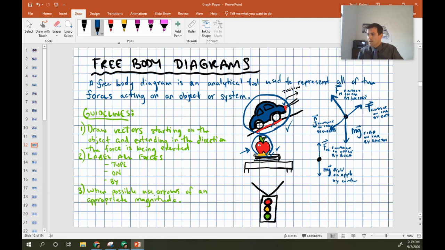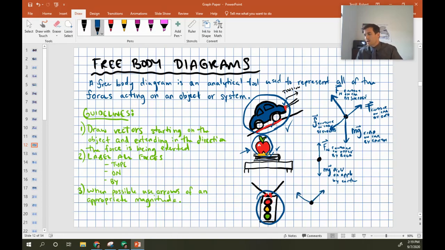All right, last one is this stoplight. Let's identify it. Look, we have a force there and a force there. So I need to represent each one of those. Make those blue, just so that it looks pretty when I'm done.